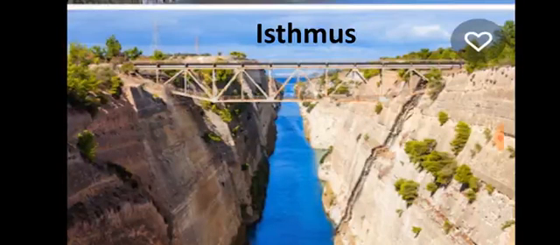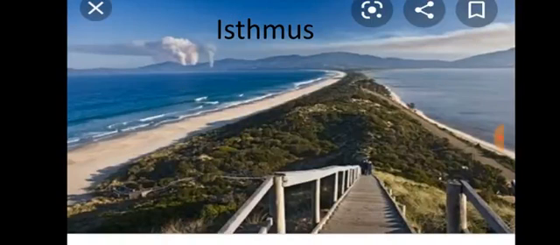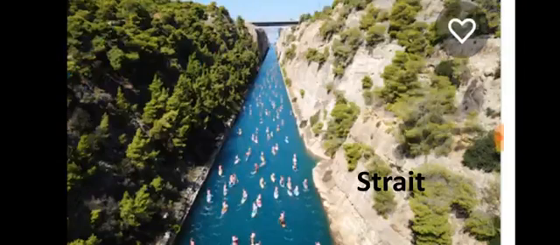It's a very narrow land. This is another picture of an isthmus. We can see it is a narrow piece of land connecting two larger lands. Wow, isn't this beautiful?